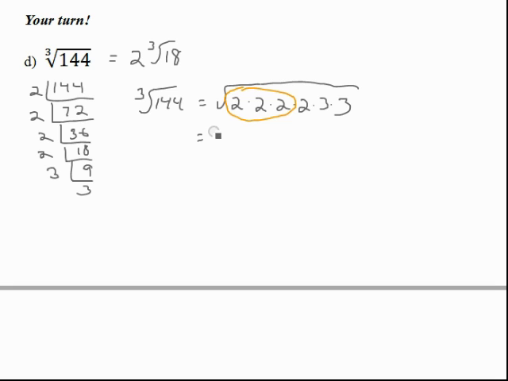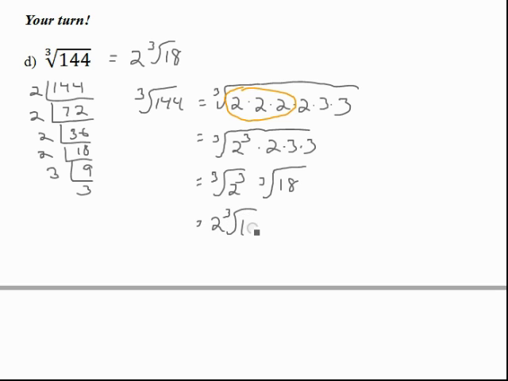So this is the cube root, lost that index, can't do that, of 2 cubed times 2 times 3 times 3, which is the cube root of 2 cubed times the cube root of 18, which equals 2 times the cube root of 18. There we go.